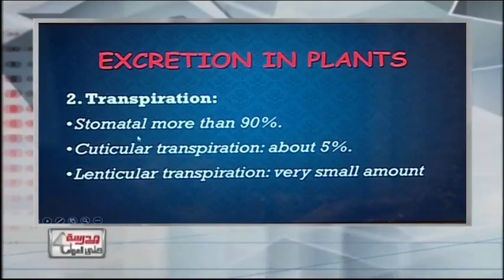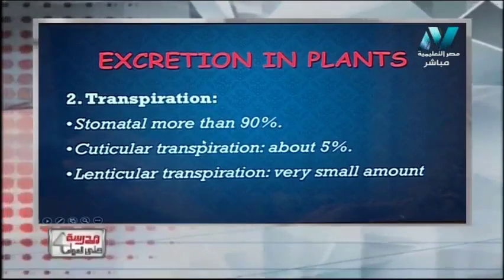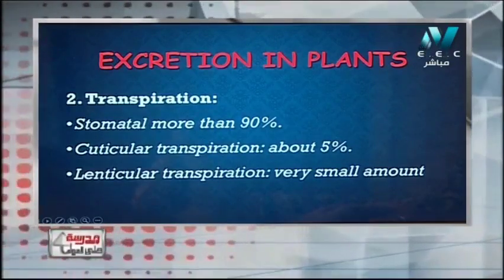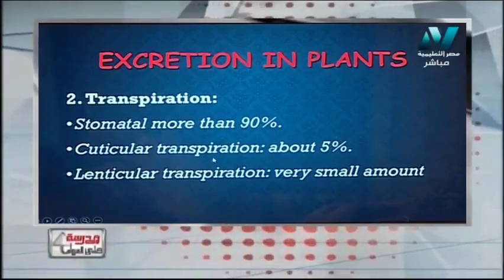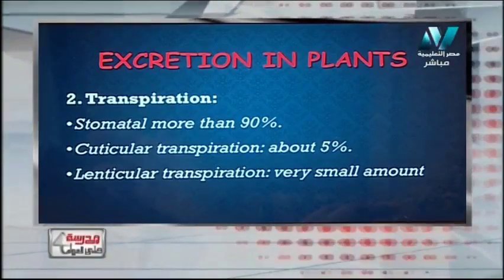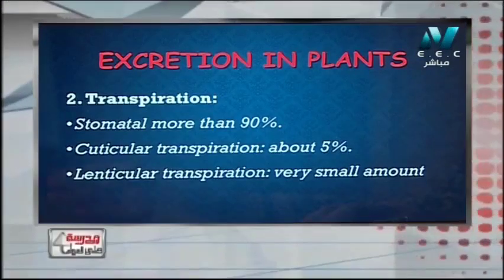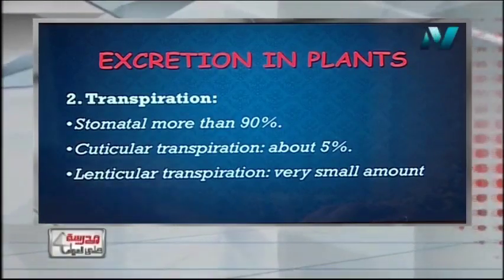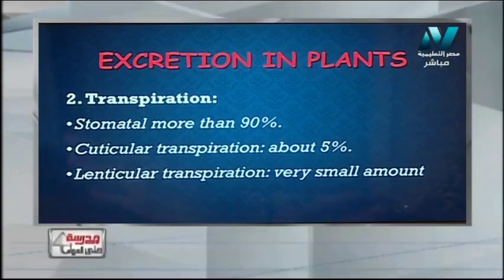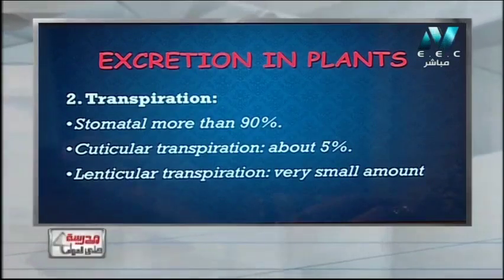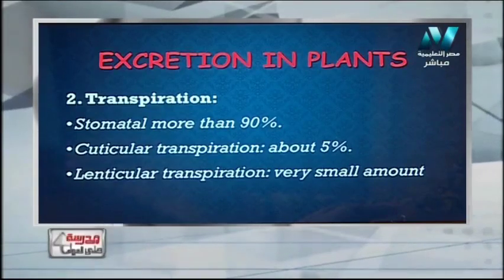Okay, now we have three types of transpiration: stomatal transpiration, cuticular transpiration, and lenticular transpiration. And of course, we can carry out a comparison between guttation and transpiration. Remember, my dear student, that in guttation, the plant gets rid of the excess water in the form of liquid water, but in transpiration it is water vapor.